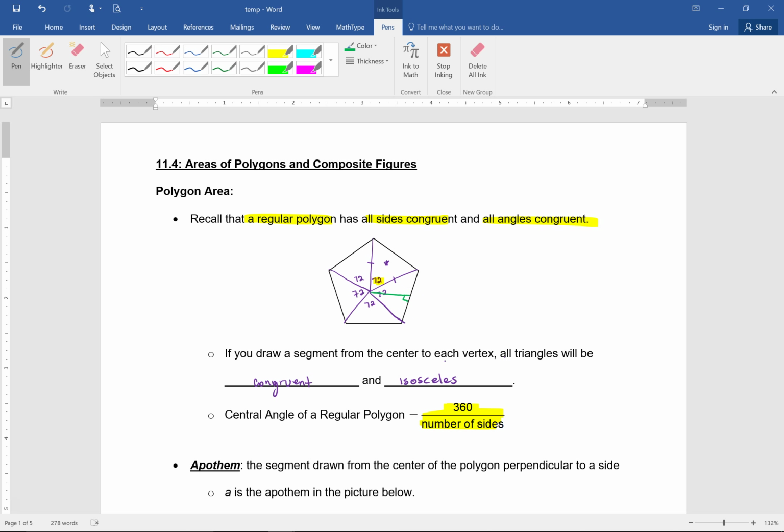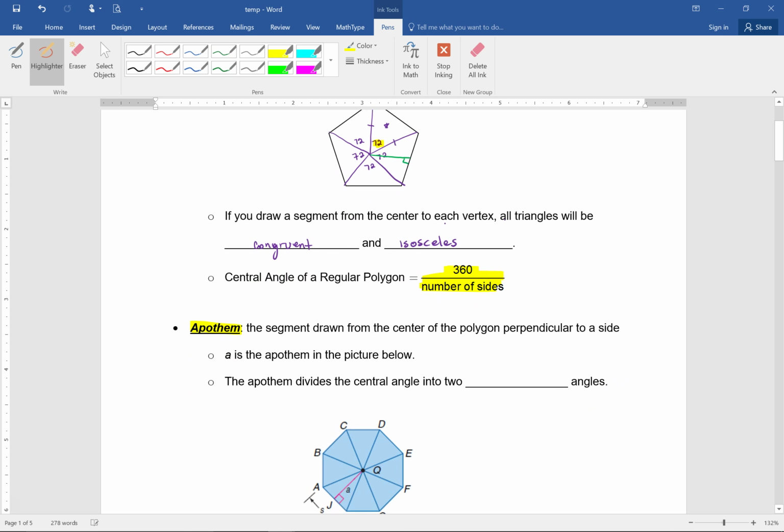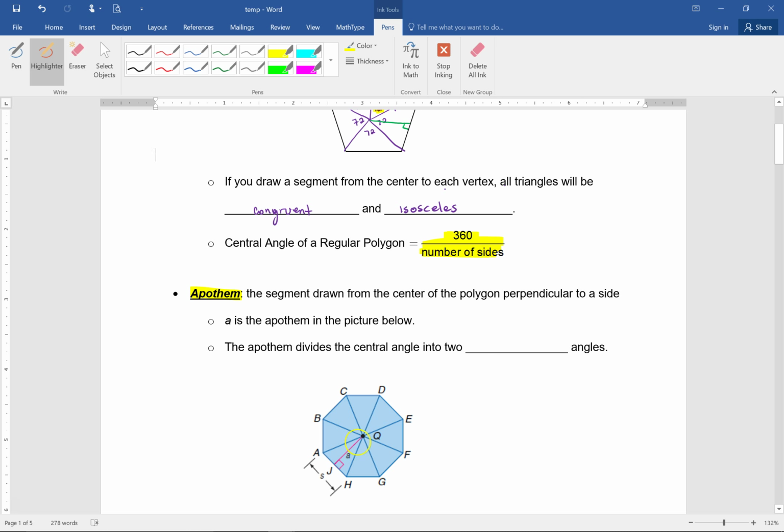That altitude has a special name, apothem, okay? Not apothem like apothecary, apothem, okay? The apothem is the segment drawn from the center of the polygon perpendicular to a side, okay? It's in this picture here. That's the apothem. And what would it divide that central angle into? 2 congruent angles.